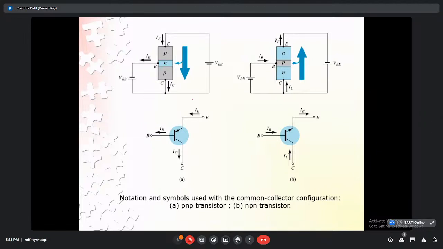So in that way we can have the common collector configuration.